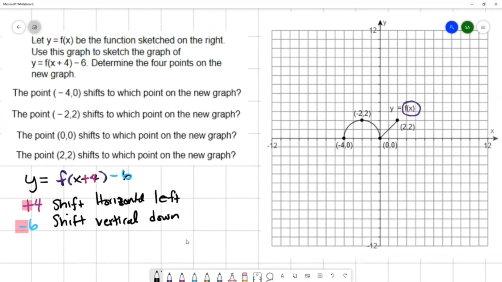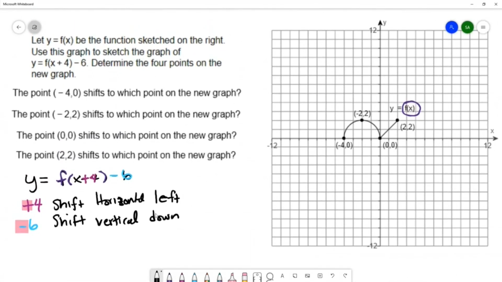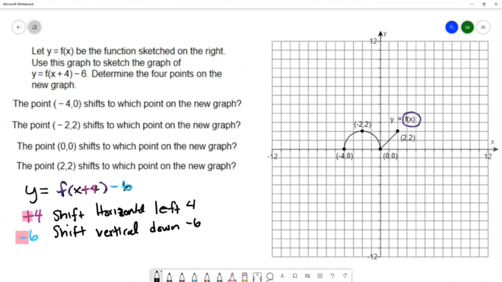So now that I know that I'm going to be shifting left 4 and down 6, I know what's going to happen to each one of these points. If I move to the left 4, 1, 2, 3, 4, that is subtracting 4 from whatever the x coordinate is.